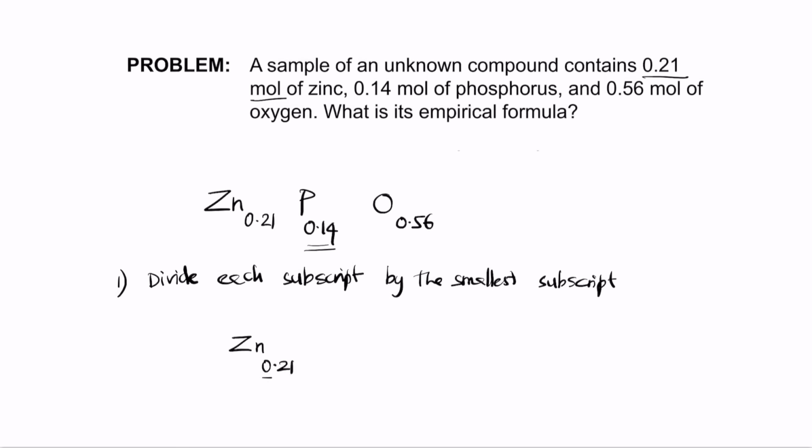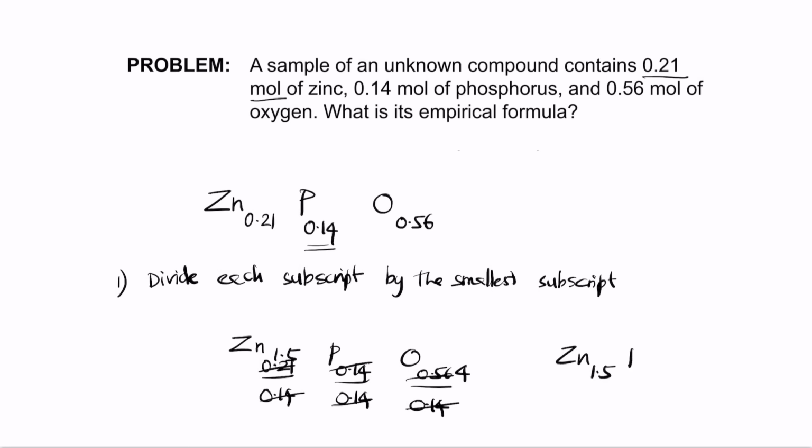So you have zinc 0.21 by 0.14, phosphorus 0.14 by 0.14, oxygen 0.56 by 0.14. So cancel it out: for oxygen this becomes 4, and for zinc it is 1.5. So you end up with zinc 1.5, phosphorus 1, oxygen 4. Now notice that 1.5 is not a whole number. The smallest number that you can multiply it by to get an integer is 2.